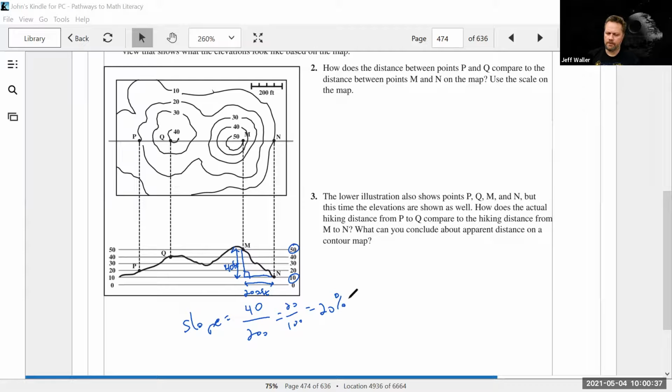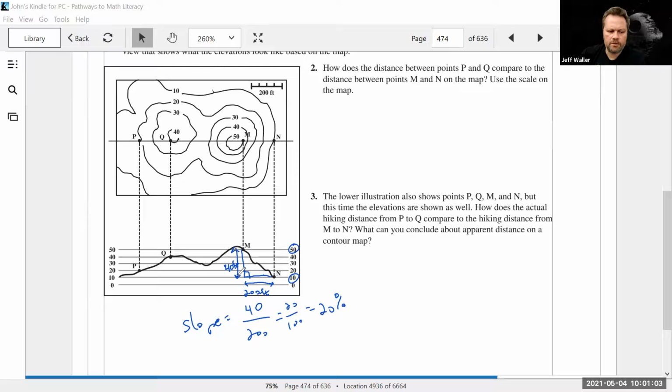But it doesn't look like 40 and 200. It looks like the same in the picture, or maybe 40 is more than the 200. All right. Now listen.